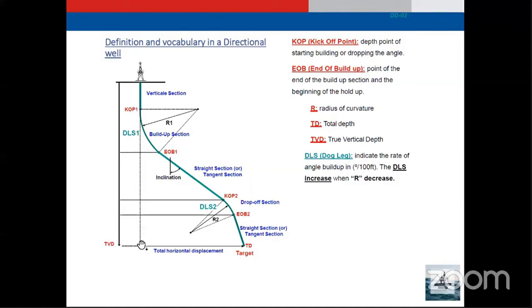Say this is the vertical location of the surface rig, and this is the target location. The horizontal distance between them we call horizontal displacement. What is the vertical section? The vertical section is the projection of the horizontal displacement on a vertical plane. So if this is the horizontal displacement, its projection on the vertical line we call the vertical section.